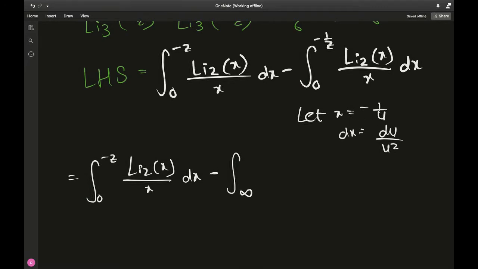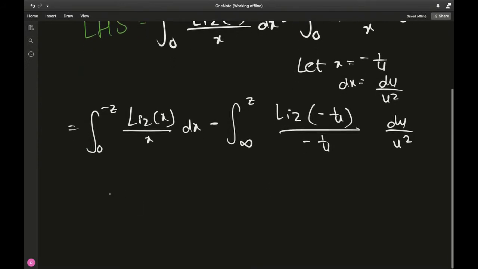And when x is negative 1 over z, u will have to be a positive z. We'll have the dilogarithm of negative 1 over u, where x is negative 1 over u and dx is du divided by u squared. So we have the integral from 0 to negative z of the dilogarithm of x over x, dx.